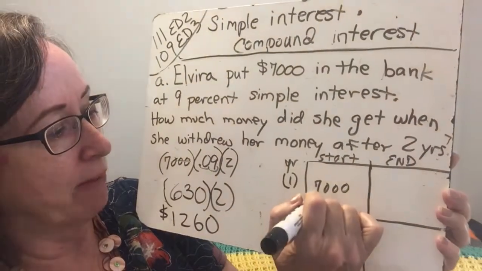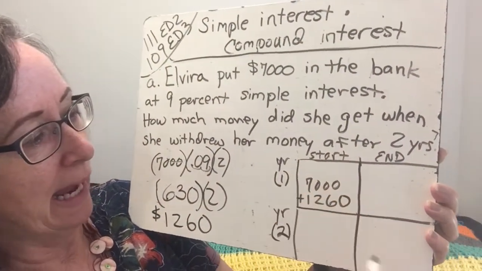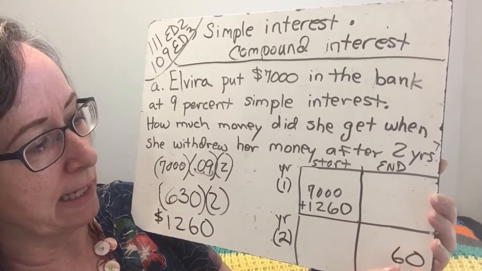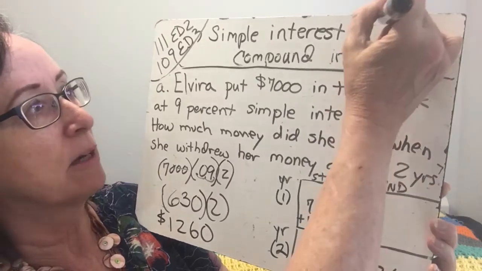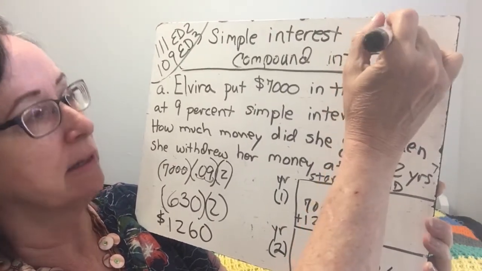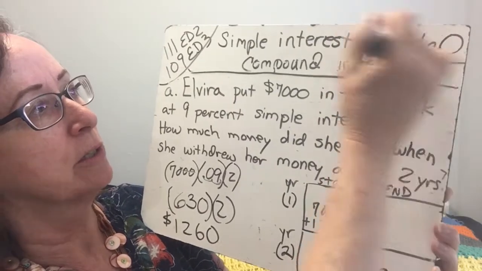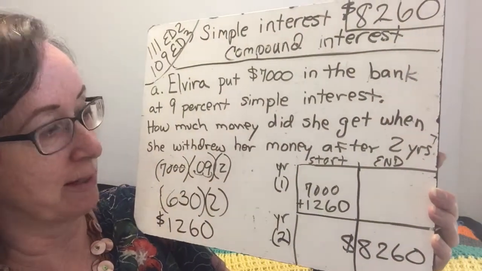So we're going to add the 1260, and we're going to wind up with $8,260 earned with simple interest over 2 years.